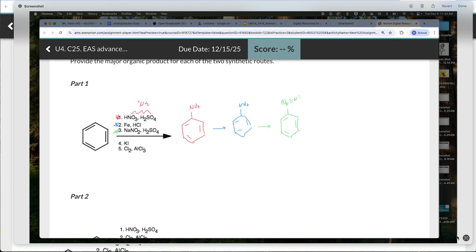Replacing the diazonium with the OH group has to do with the next step. So let's try purple. When we're looking at KI, the whole point of that is replacing the diazonium with iodine.